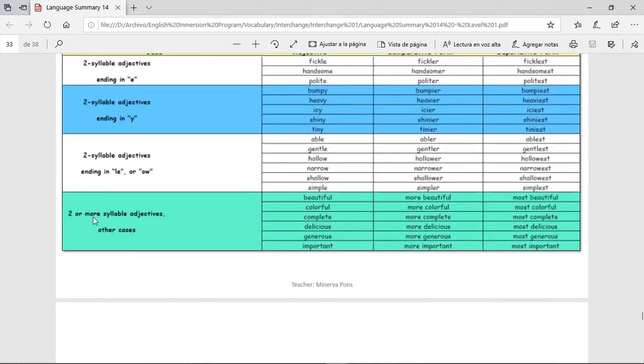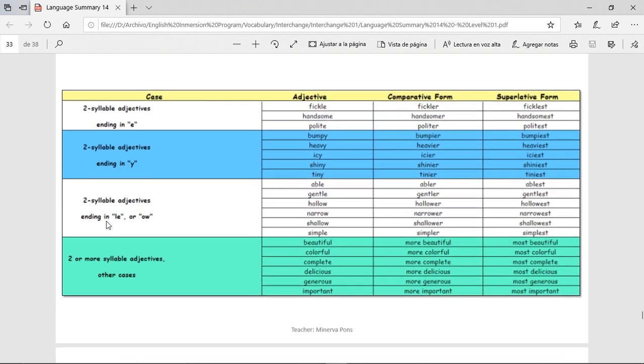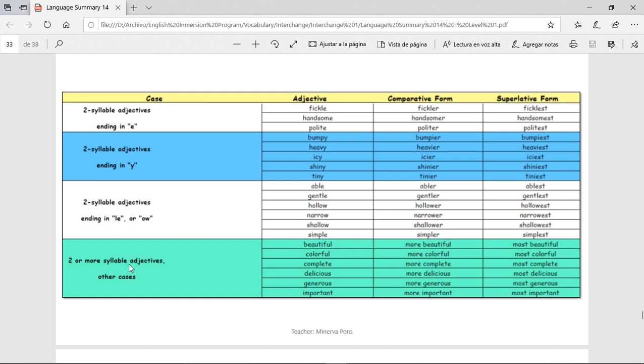And some two or more syllable adjectives with other cases. If it's two or more, like 3, 4, 5, 6 syllables, then you need to use more and most before the adjective.